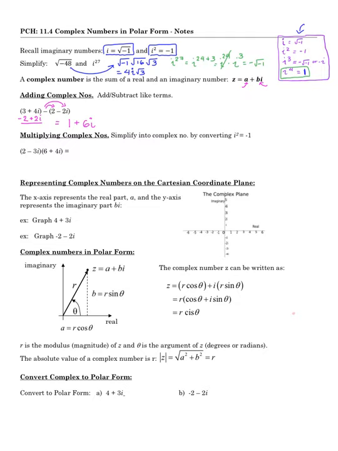All right, you are going to end up having to add and subtract like terms in the process of what we're doing. Now if I'm multiplying two complex numbers, remember when you're done, anytime you see i squared, you're going to replace that with -1. So I'm going to do my regular FOIL routine, 2 times 6, and then 2 times 4i. So that's 8i.